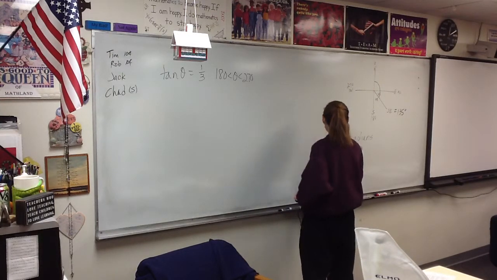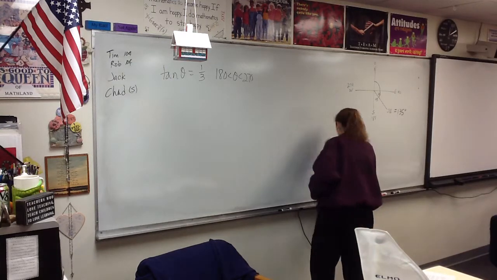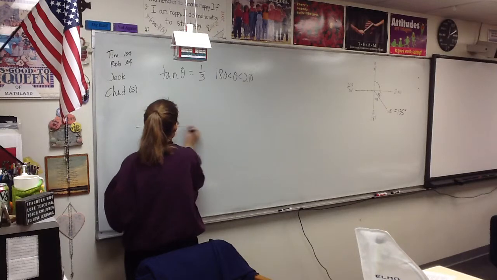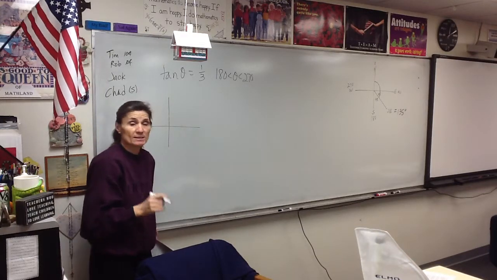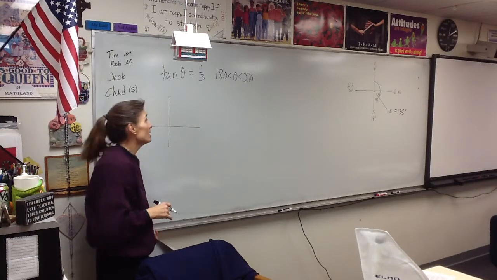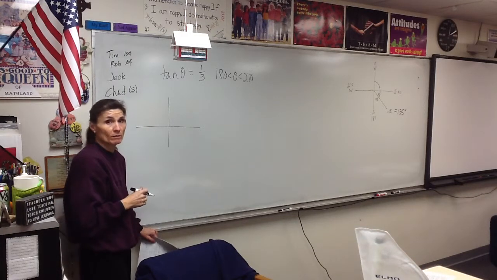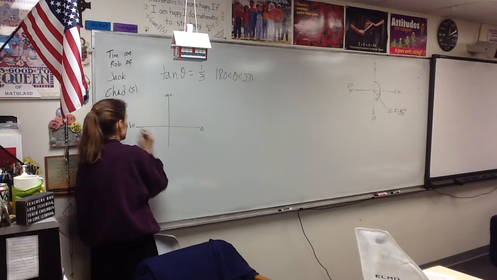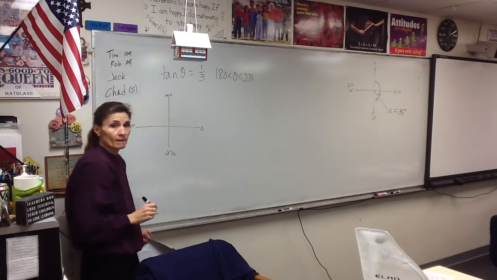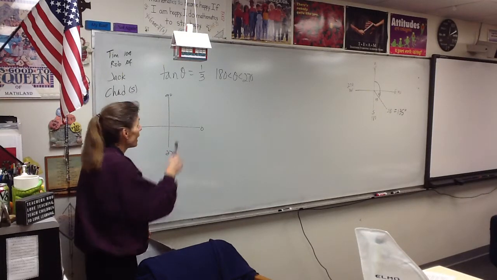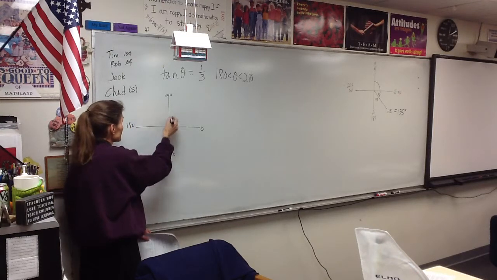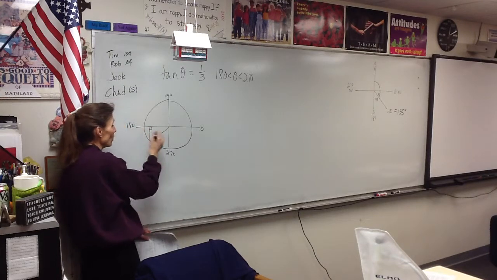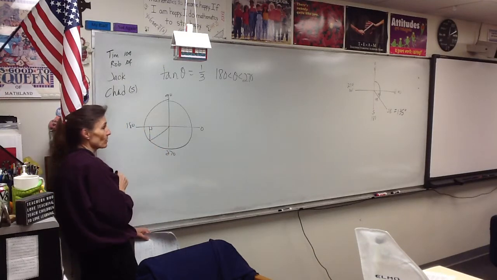Well, remember, this is not direction. This isn't northeast, south. This isn't navigation. This is simply a trigonometric angle. So this is 0, 90, 180, 270. I'm between 180 and 270, so I must be in quadrant 3.